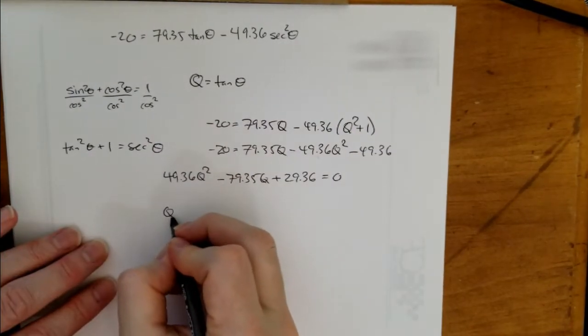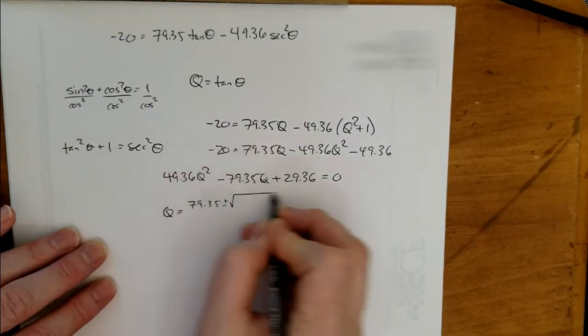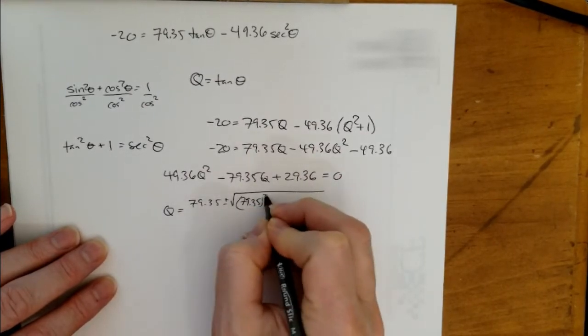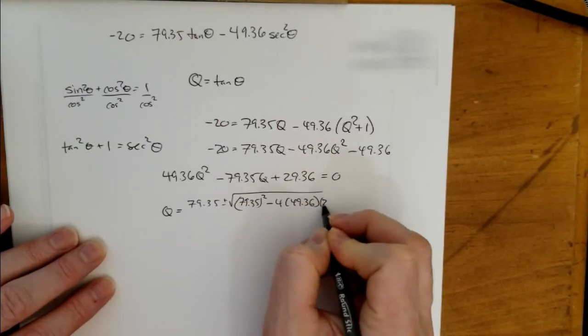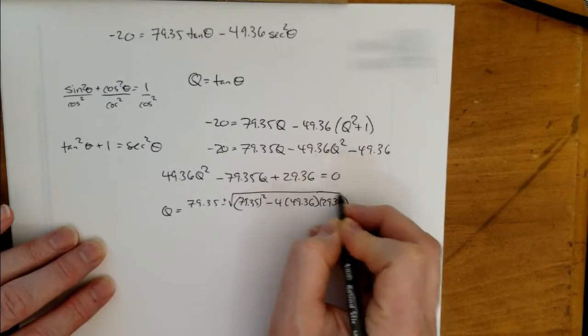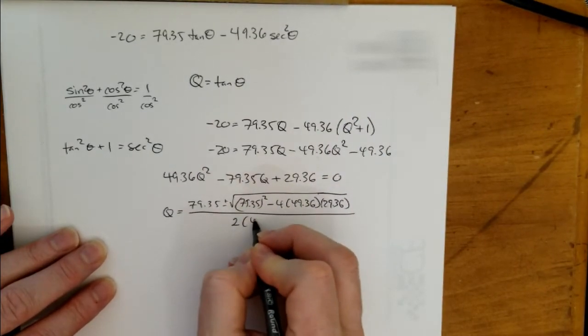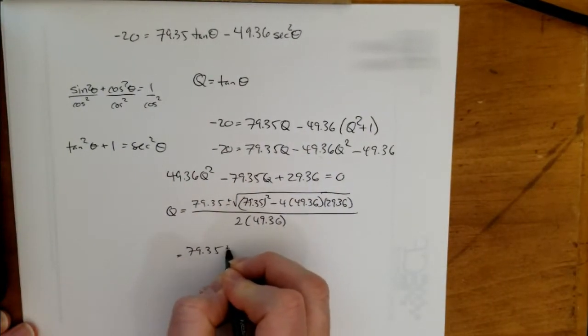And solve for Q. So Q is equal to 79.35 plus or minus the square root of 79.35 squared minus 4 times 49.36 times 29.36. That discriminant better be positive, over 2 times 49.36.